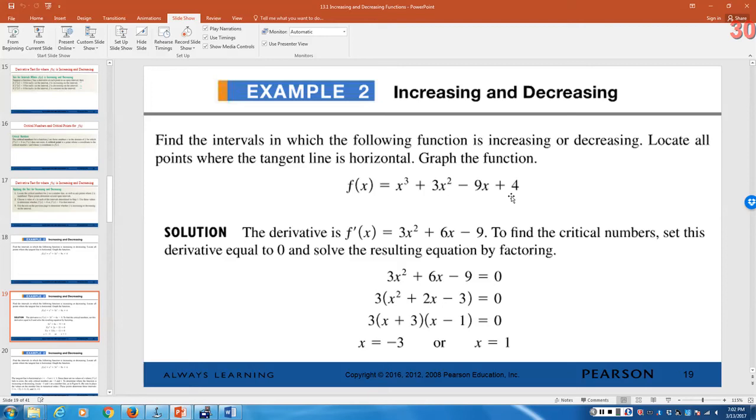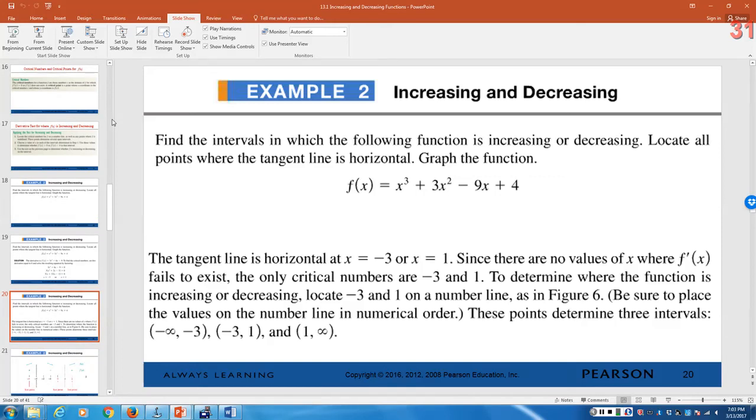And if you have a slope of 0, that means that it either bottomed out and reached a minimum, or it topped out and reached a maximum. And in between, it was either increasing and then decreasing, or decreasing and then increasing. So the way we figure it out is we find the critical numbers.